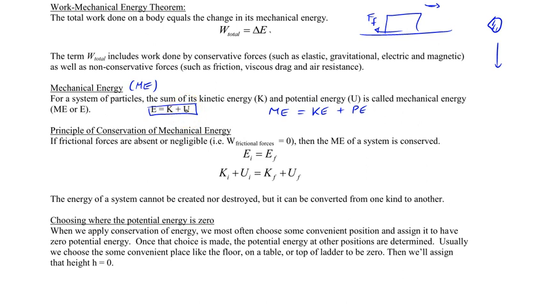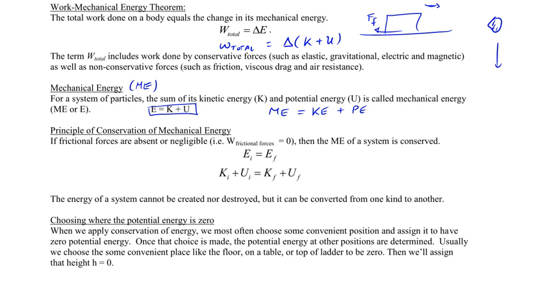Now, back to our work-mechanical energy theorem, which states that the total work done on a body is equal to the change in mechanical energy. So essentially what we're saying is that total work done is equal to the change in the sum of the kinetic energies plus the potential energies.